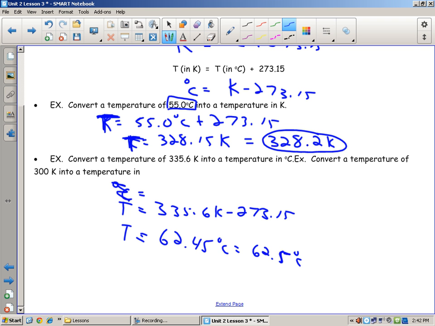Once again, based on the fact that we have one decimal place here, 0.6, and 273.15, which is two, I can only record it to one decimal place because that's accurate.